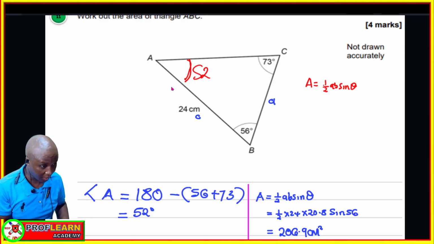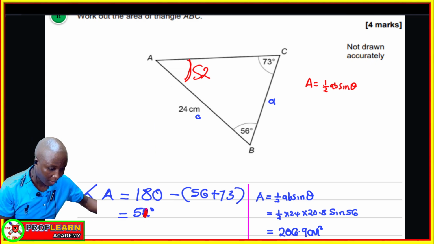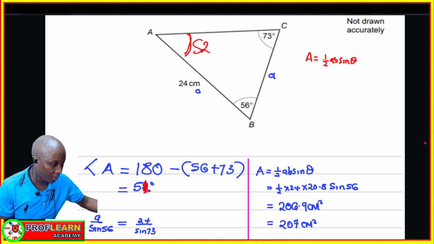I feel that there's some error there. No, that is 56 plus 73. Then 180 minus answer, that is going to give us 51. So this is going to be 51.